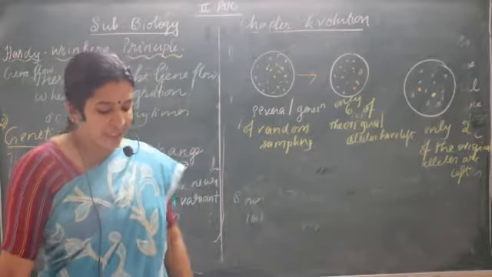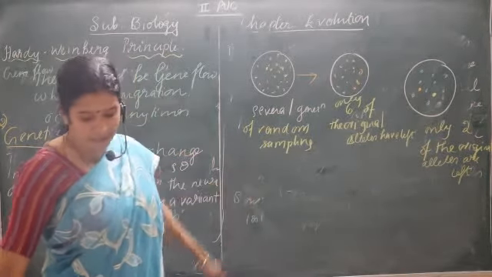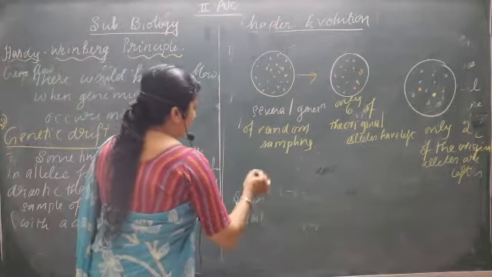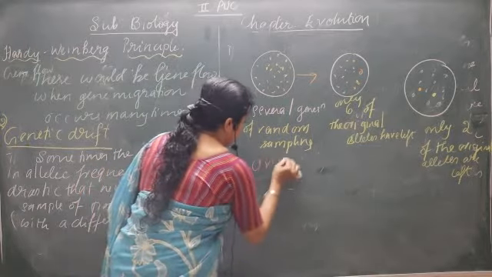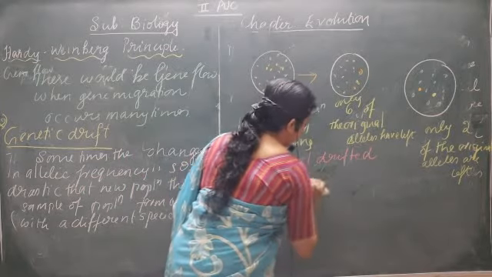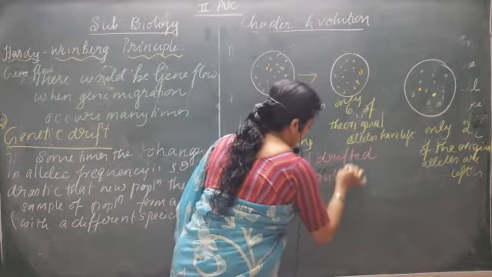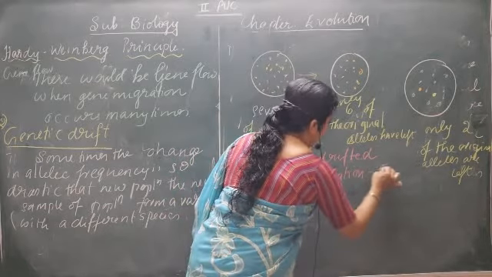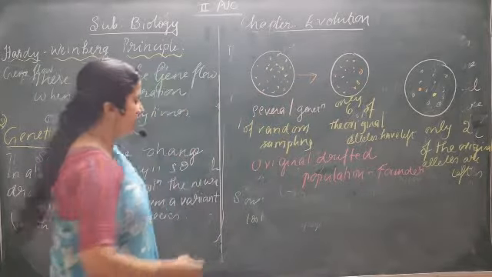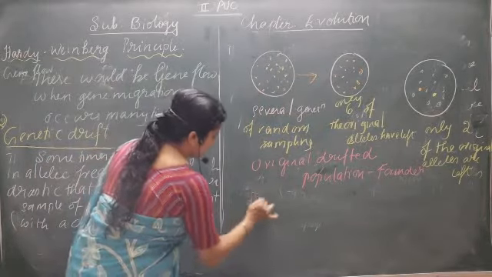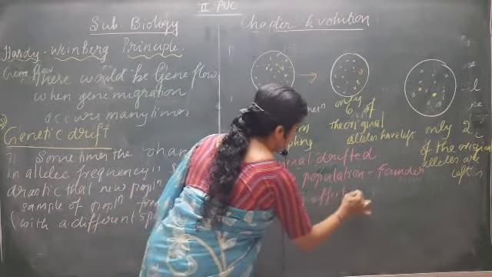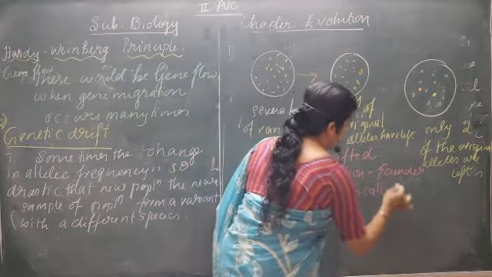Here the effect is called the founder effect, and the original drifted population is called the founder. Questions used to come asking what the founder effect is.